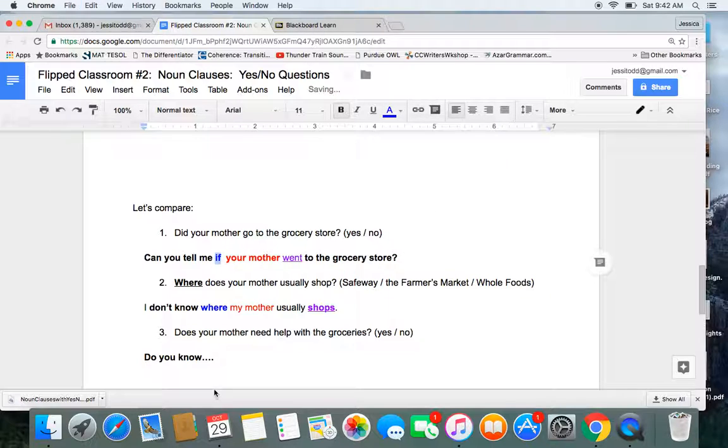Okay. Same thing down here. Do you know if or whether your mother needs help with the groceries? Okay. So again, we have if or whether to start off the noun clause.